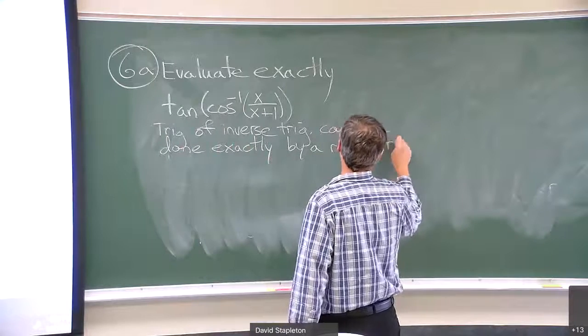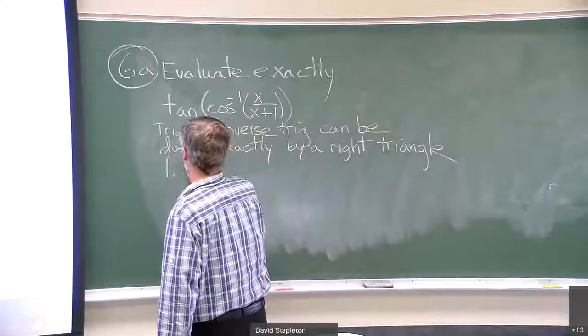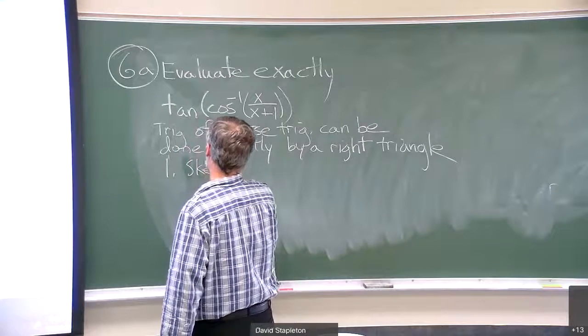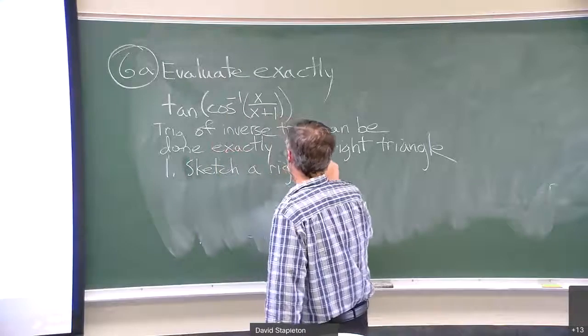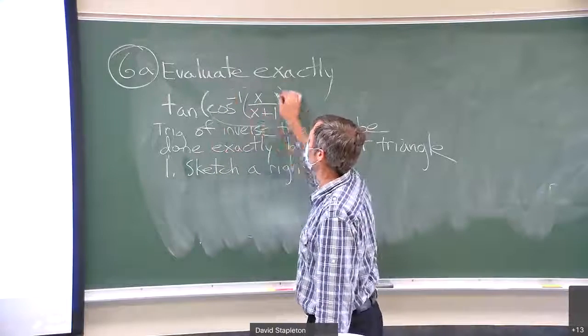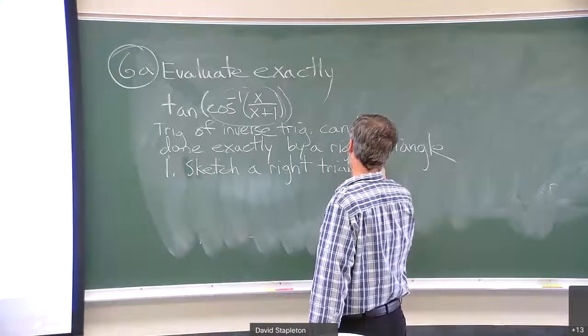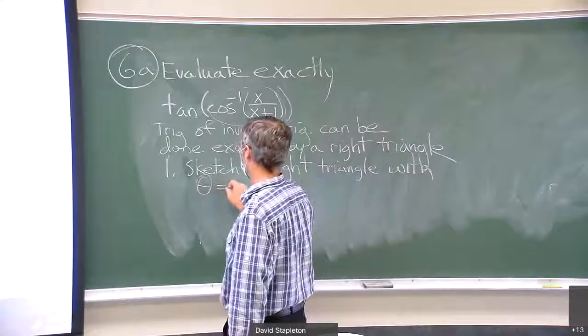And here are the steps that we said before. One, you make a right triangle. I say sketch is the best idea. With one angle equal to the inverse trig function that you see, whatever it is.